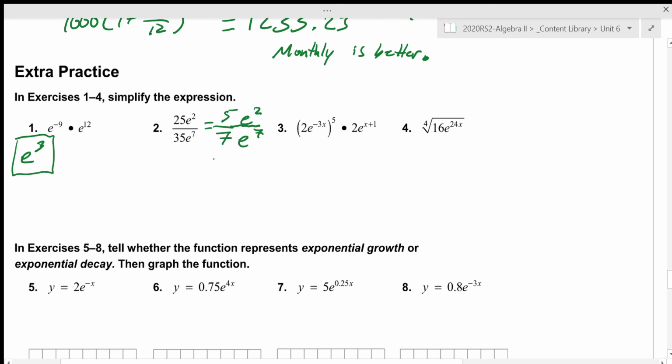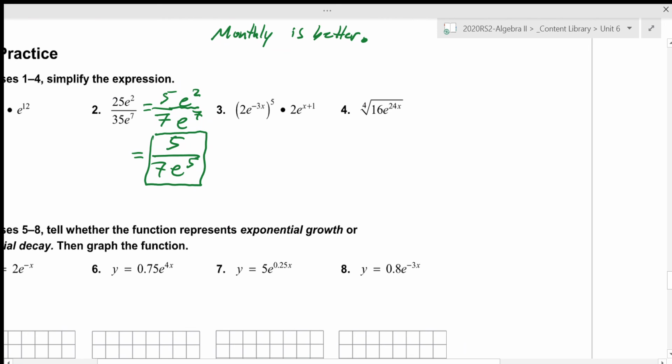So this is 5 over 7 e to the 5th. And this is all stuff we practiced last unit, guys. You're just applying the same rules here.